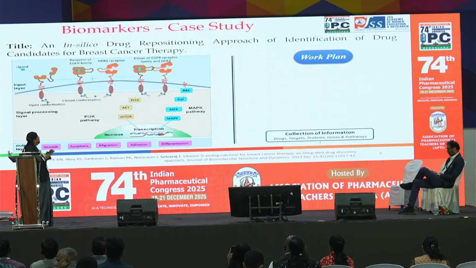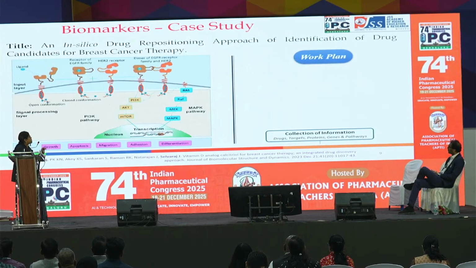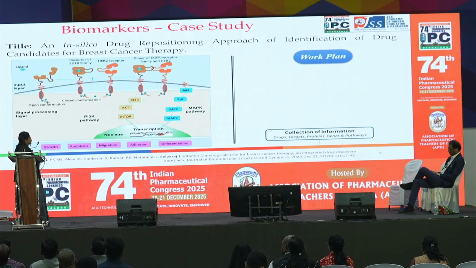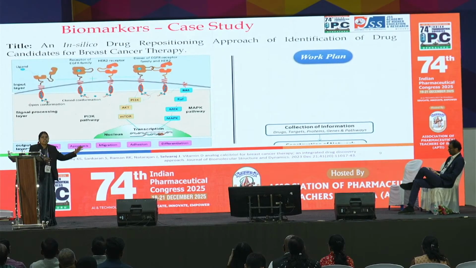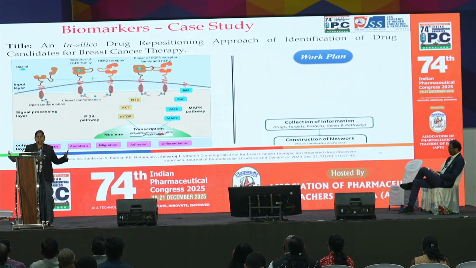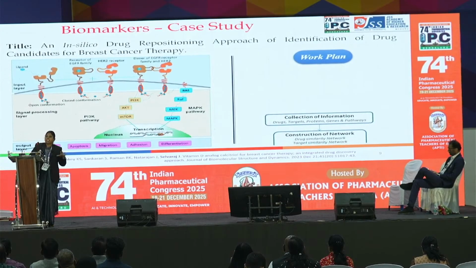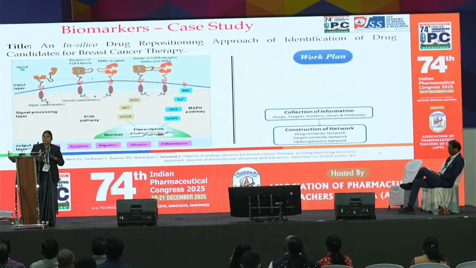The title is In Silico Drug Repositioning Approach for Identification of Drug Candidates for Breast Cancer Therapy. So we started from scratch. We all know there are various pathways involved in breast cancer.